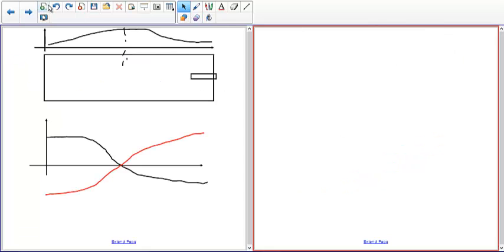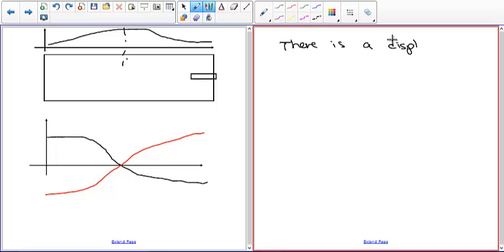So here's the explanation. There is a displacement node in the middle.